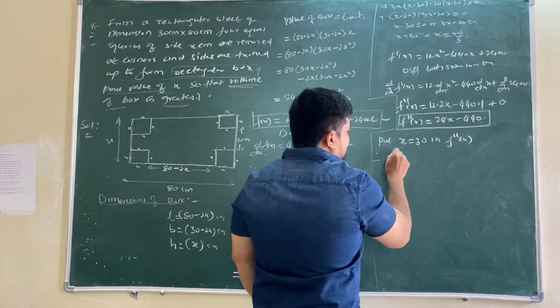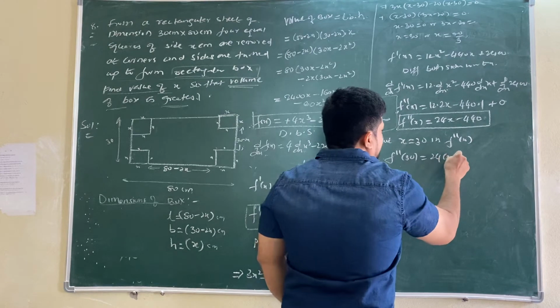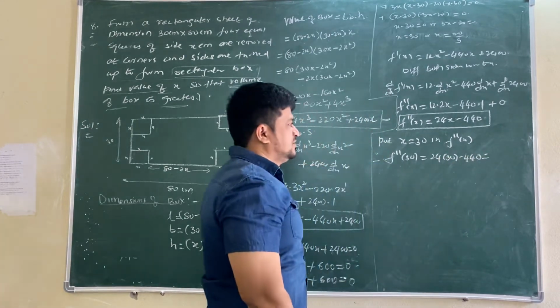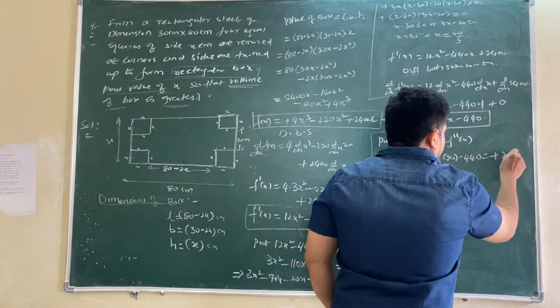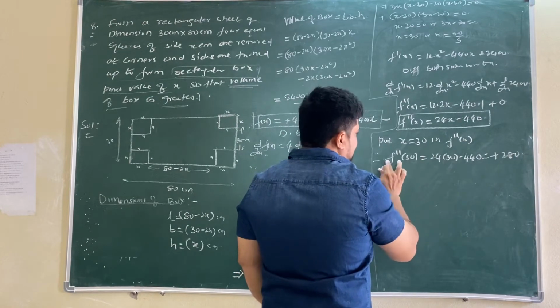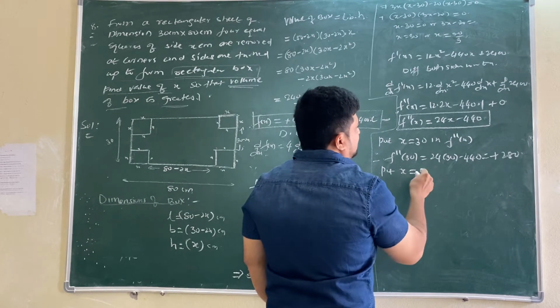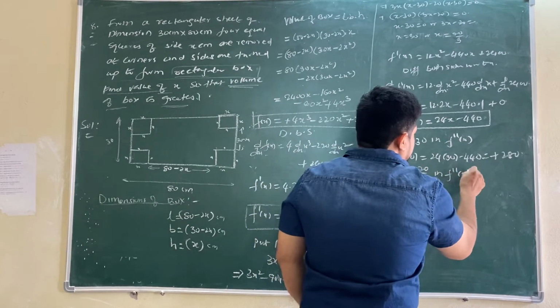So what you will get, check this one: f double dash of 30 equals 24 into 30 minus 440. 24 into 30, 720 minus 440, 280. Now what we have to do is again take the second value. Put x equals 20 by 3 in f double dash of x.